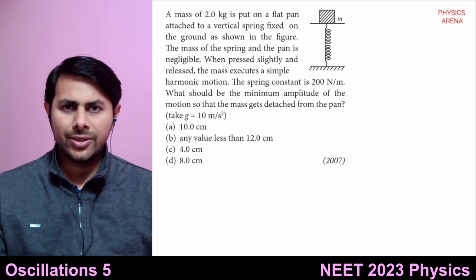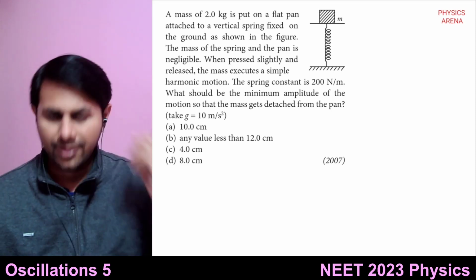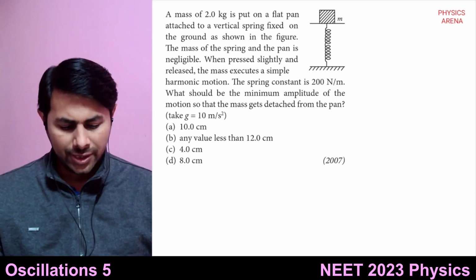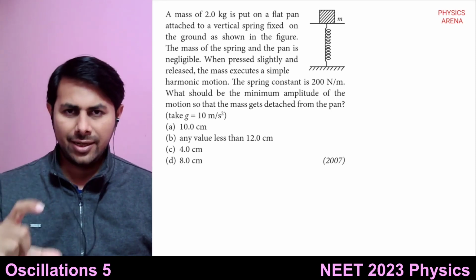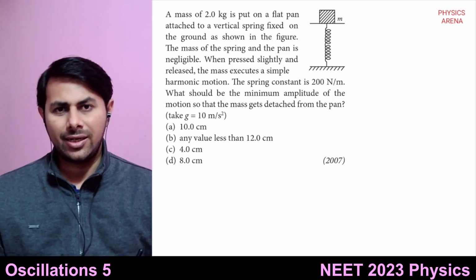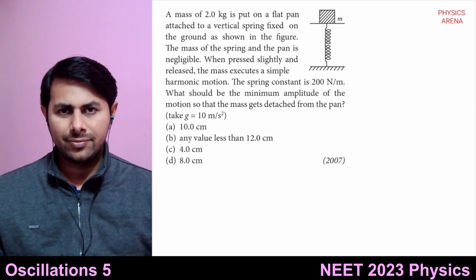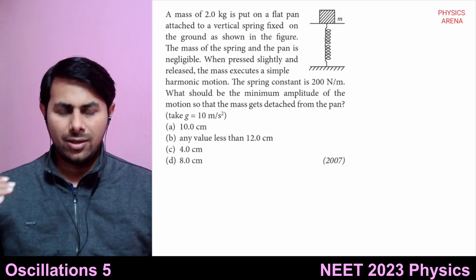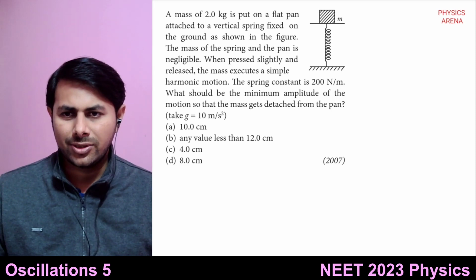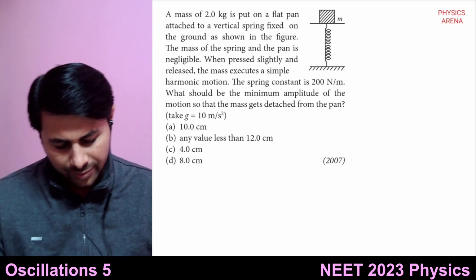One is the spring force, that's upwards, and another is the gravitational force, downwards. So it will stay connected to the pan till both the forces are equal. I mean, the maximum spring force can be equal to the gravitational force.